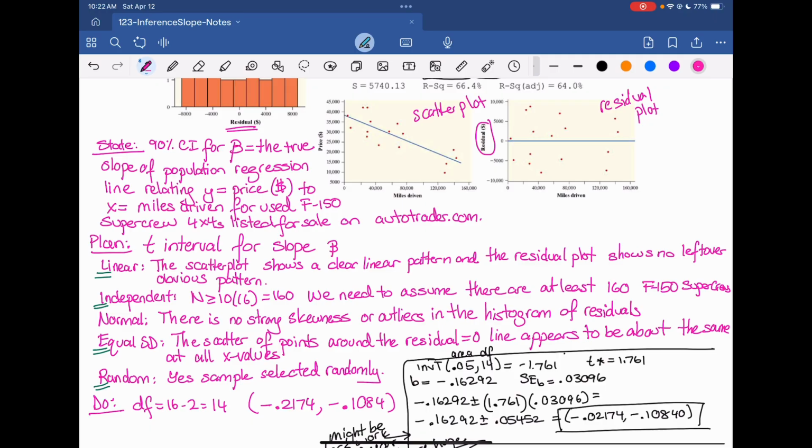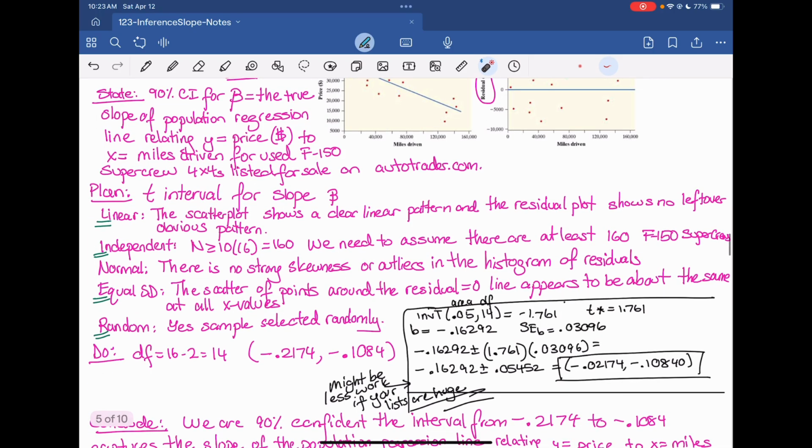And so looking at the scatter plot, there is a clear linear pattern. But the residual plot shows no leftover obvious pattern, so that's a good thing. Passed the linear requirement. Independent: our population must be more than or equal to 10 times 16, which is 160.